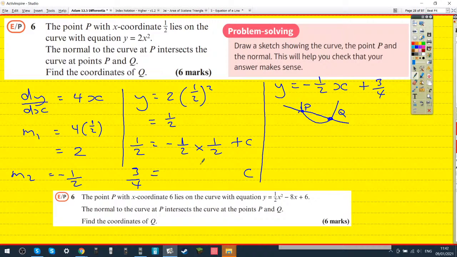They gave us P. It had an x coordinate of a half, y coordinate of a half as well. So we have a straight line, we have a curve, we have to find where they cross over. How do you do that? Wouldn't that be a quadratic equation? Okay, what would be the equation?